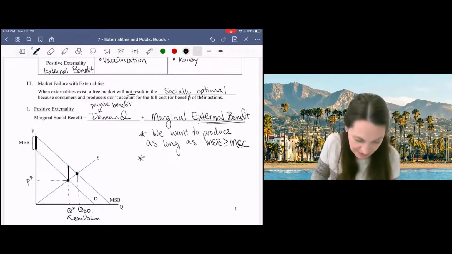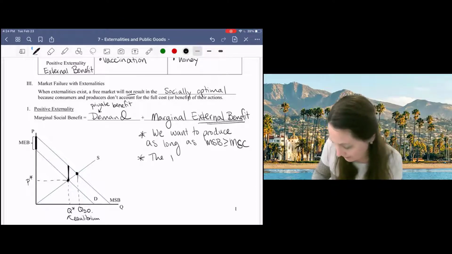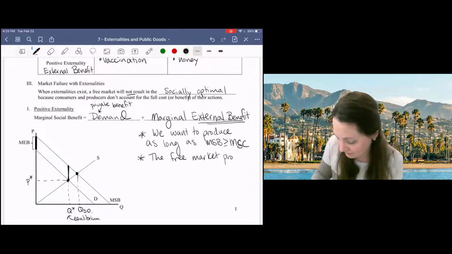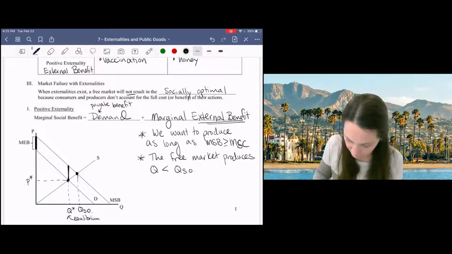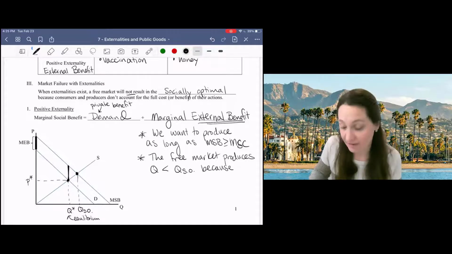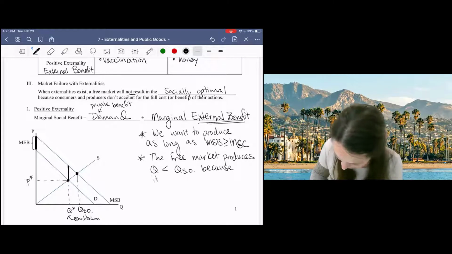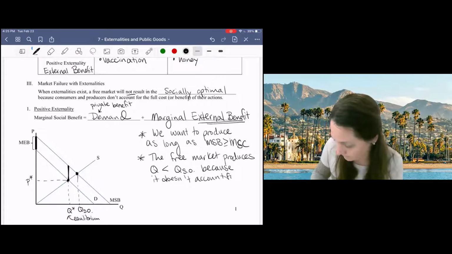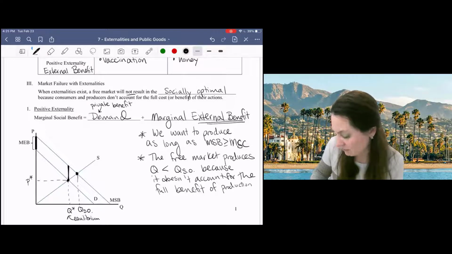Here, because we have a positive externality, the unrestricted market produces too little because it doesn't take into account the full benefit of production or consumption, right?